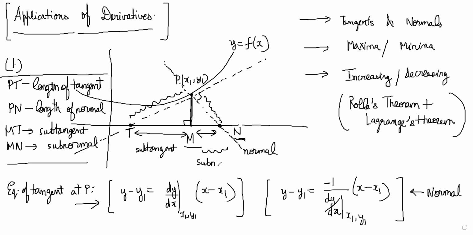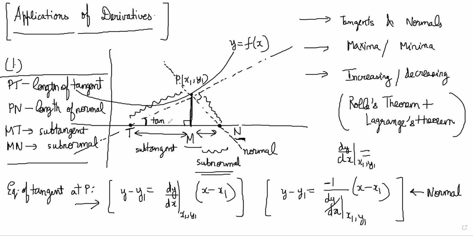Now you can actually find all of these things from the tangent and normal equations, right? Because from the tangent and normal equations, you will know that dy by dx at the point (x1, y1) will be equal to the slope of this line, basically. So that will be equal to tan theta.